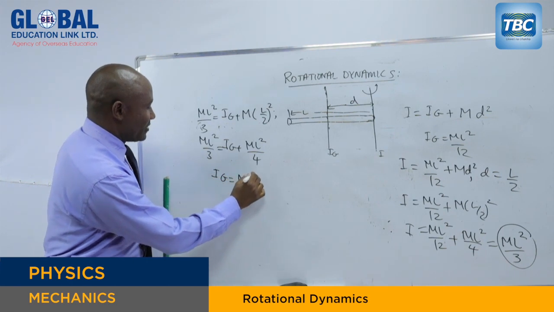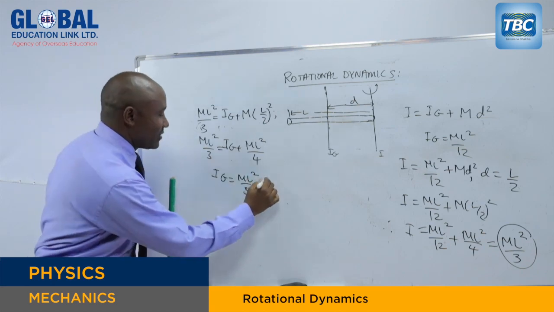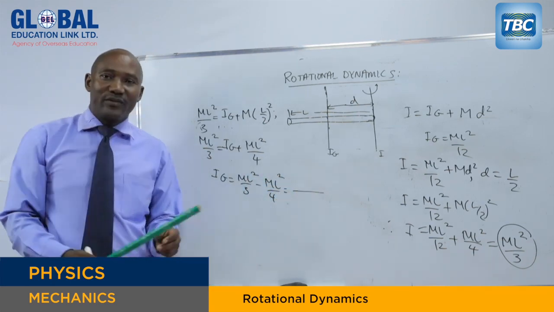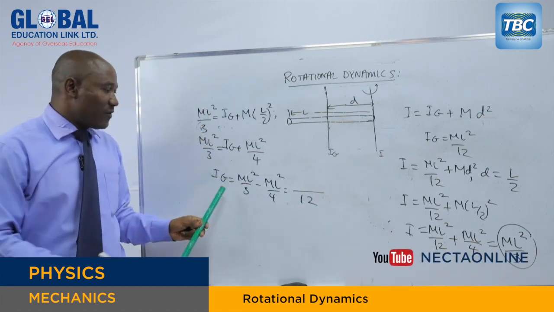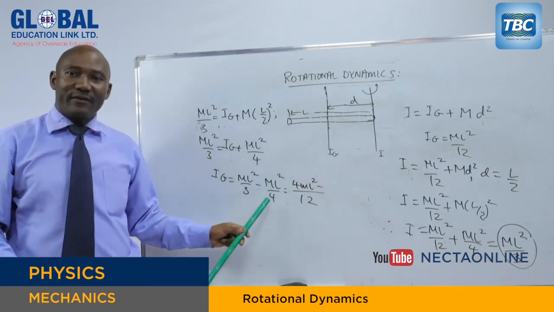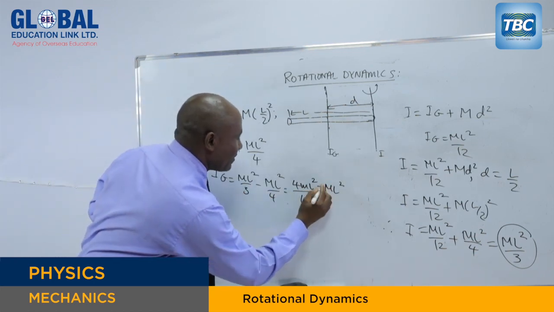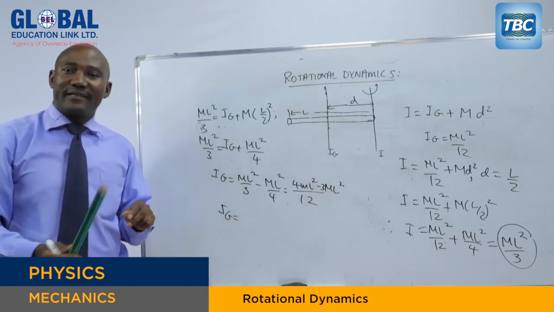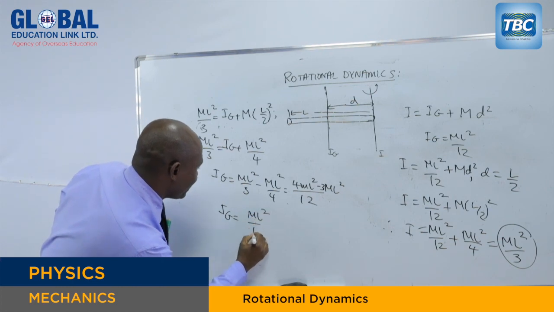It's mL squared over 3 minus mL squared over 4. The LCM between the two numbers is 12. 12 divided by 3 is 4, 12 divided by 4 is 3. And you can see you're getting the same answer. Wonderful: mL squared over 12.